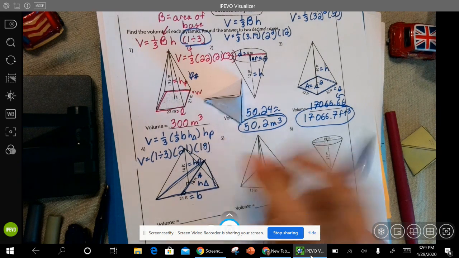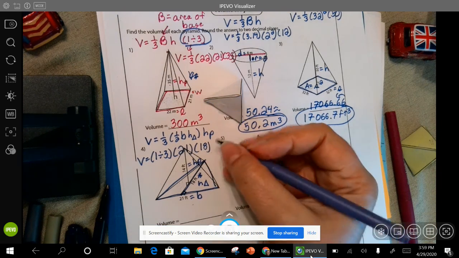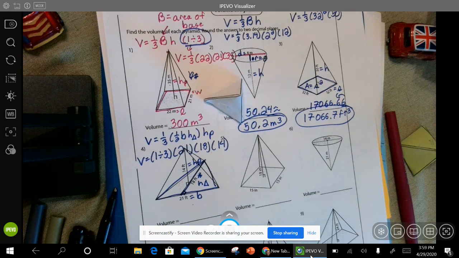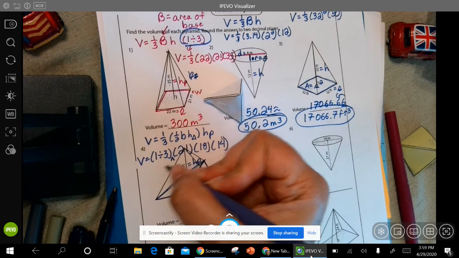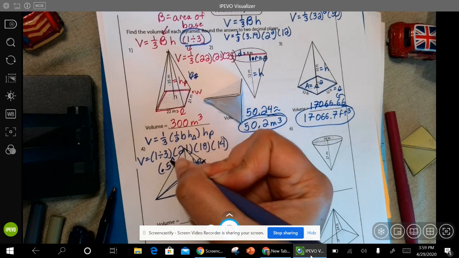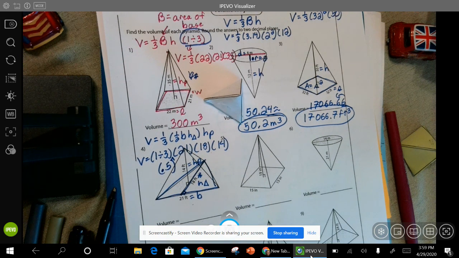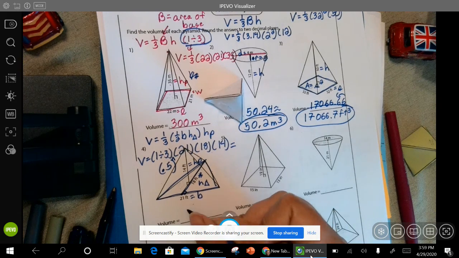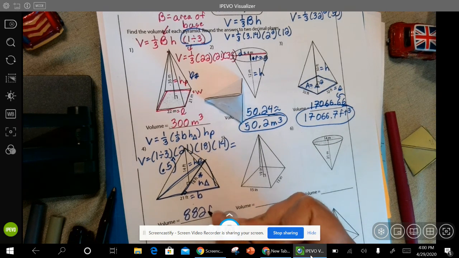Height of the prism, that would be this height right here, is 14. Okay everybody, so we're multiplying those all together. Oh, sorry, everybody, I forgot to put our 1/2. I'm going to use 0.5. Remember, 1/2 is half a dollar or 50 cents. Okay, so I got 882 feet cubed.